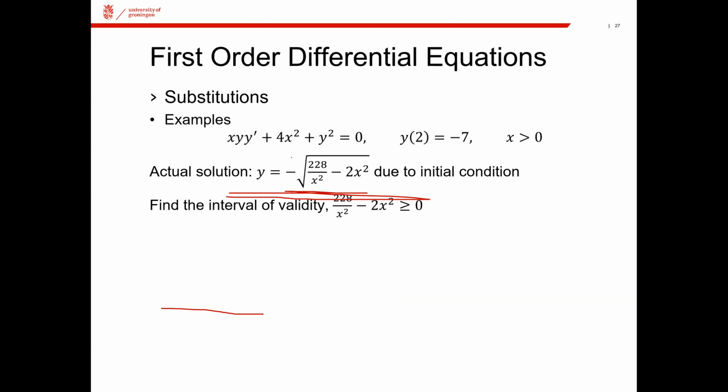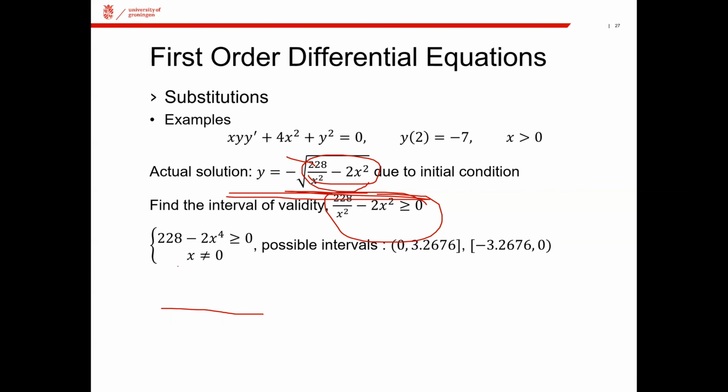So in this case, we know that this part will be positive, greater than or equal to 0. So we have to solve this inequality. But from the condition here, we know that x will be positive, so x cannot be 0.